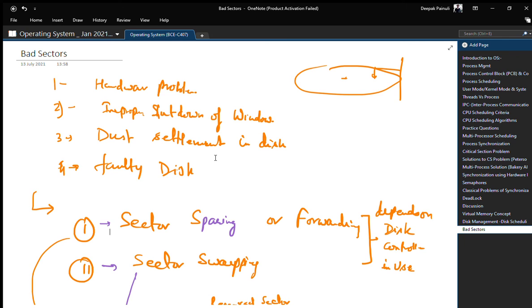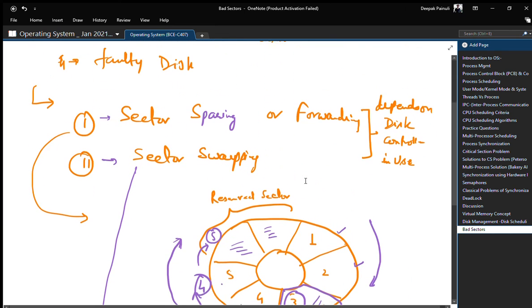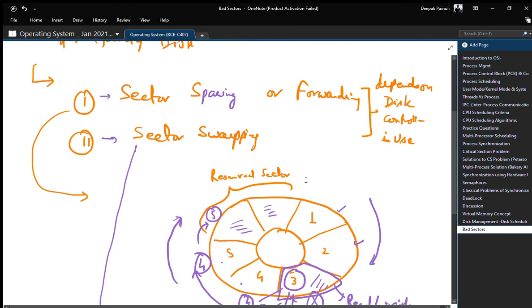That's why we have to stop reading those sectors which are bad in our disk. For stopping those sectors from being readable or writable by the head, we need to perform some techniques, so that those sectors become unreadable. And this is done by the sector sparing or sector swapping method.